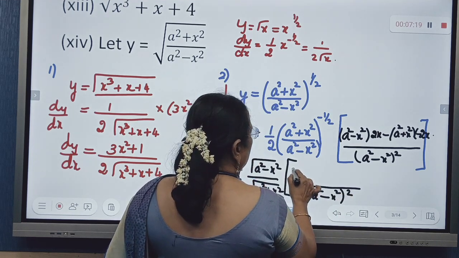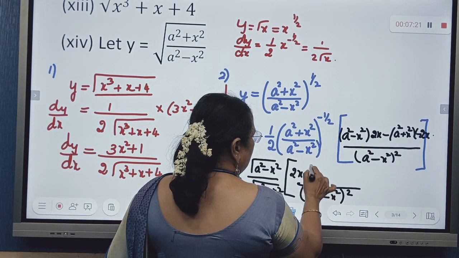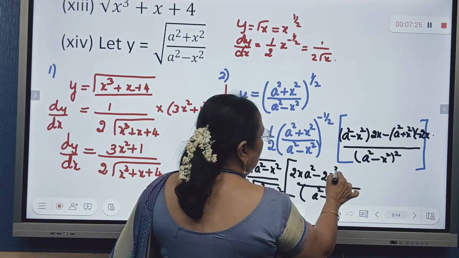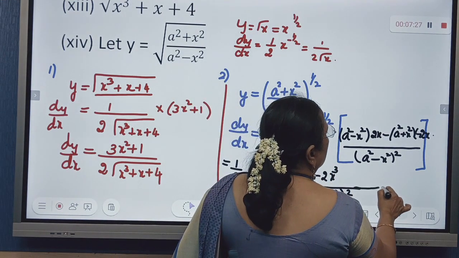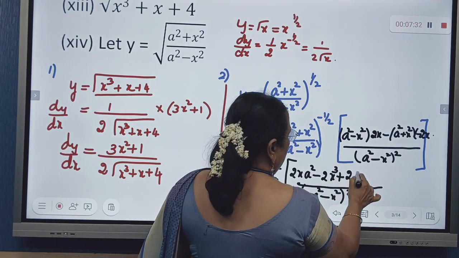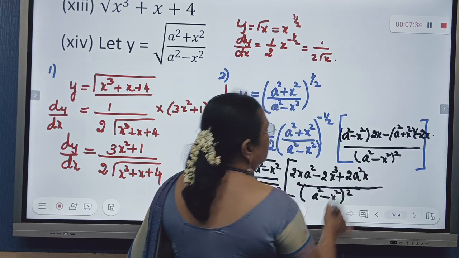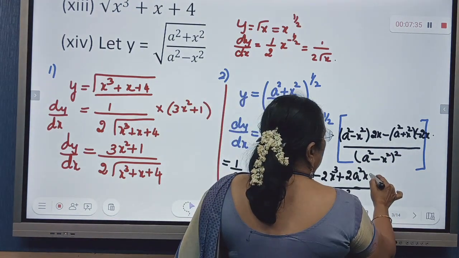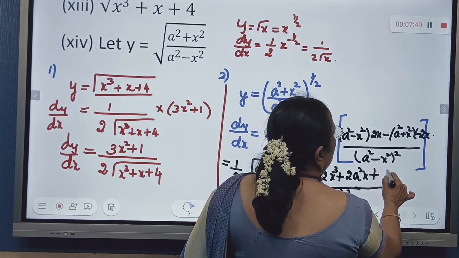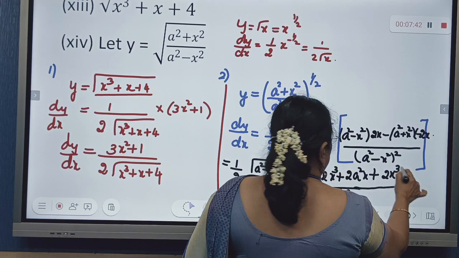Numerator will be what? 2x a square minus 2x cube, minus into minus plus 2a square x, minus into minus plus, what will you get? 2x cube.